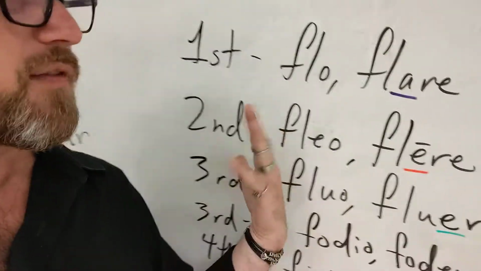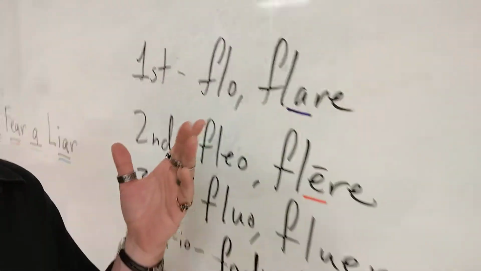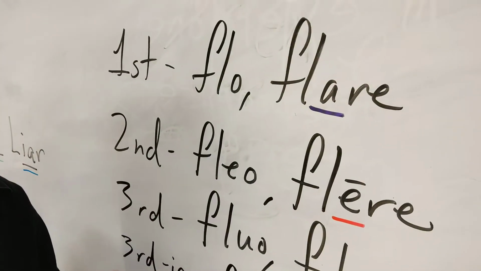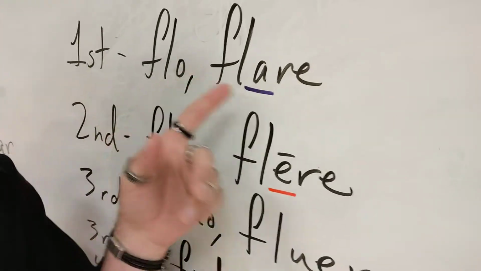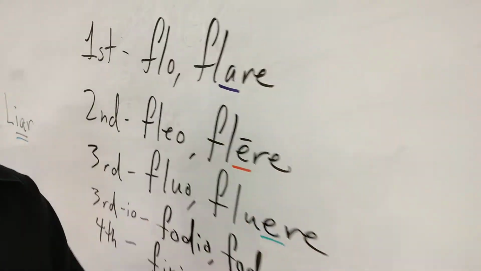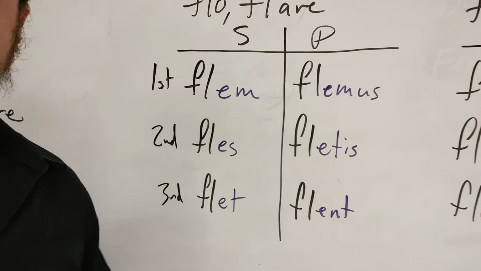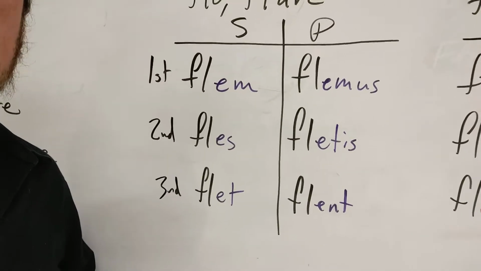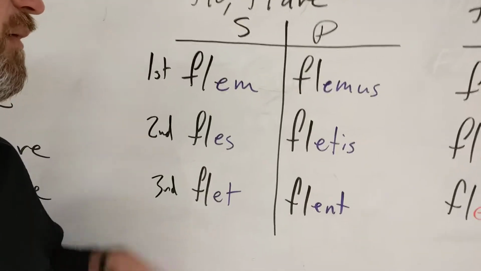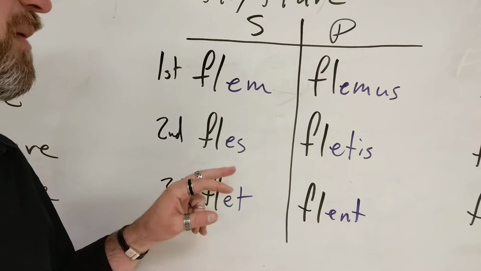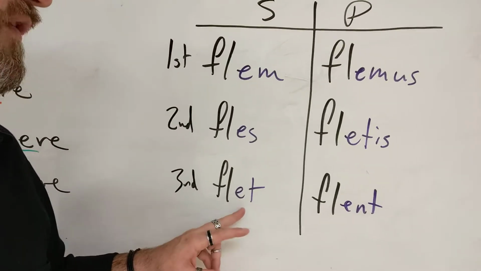So as an example, if I go ahead and conjugate these verbs here, flare, which means to blow, that's where we get words like inflate, right? Normally we would conjugate this with an A, but in the present subjunctive, we're not going to use an A. We're going to change that A to an E, so that if you wanted to say I blow, it would be flem, or you blow would be fles, or the wind blows would be flet.